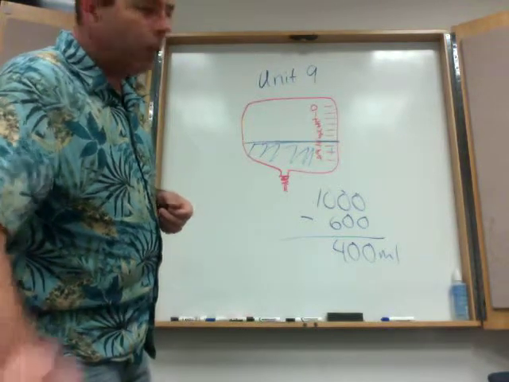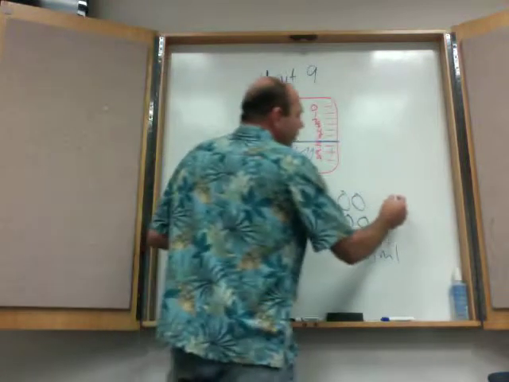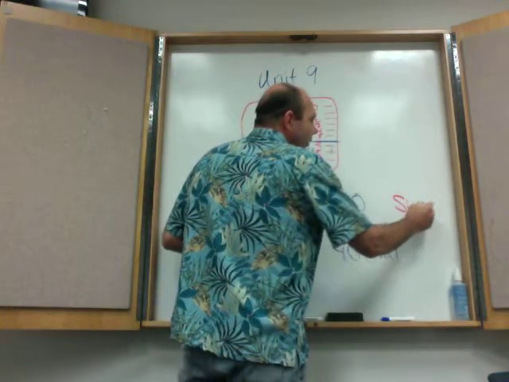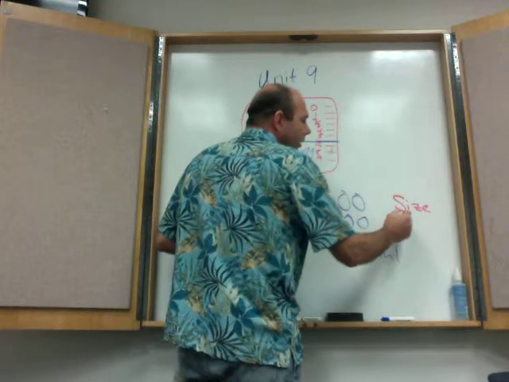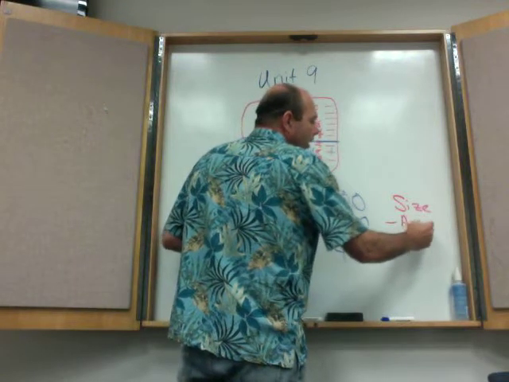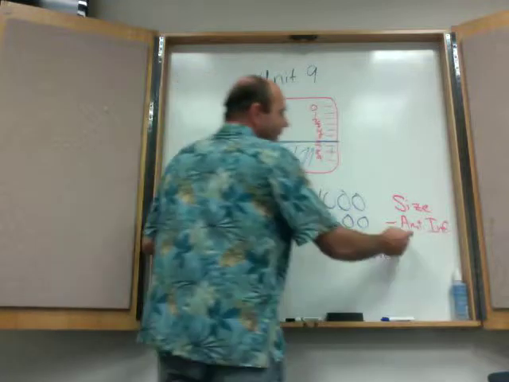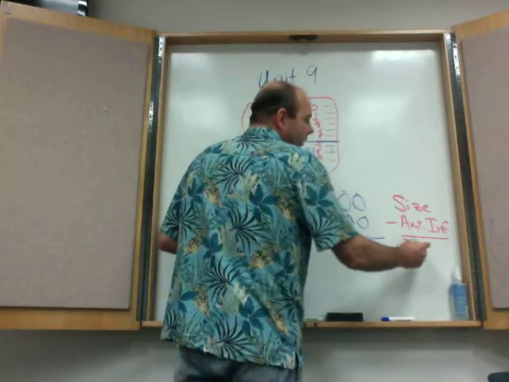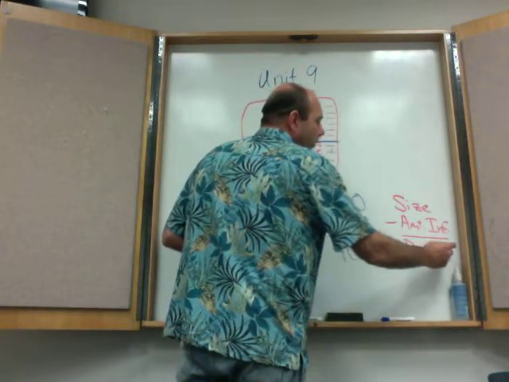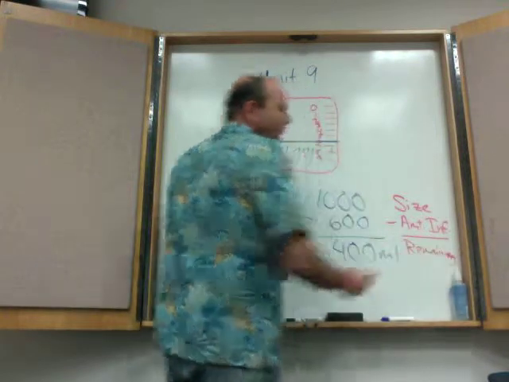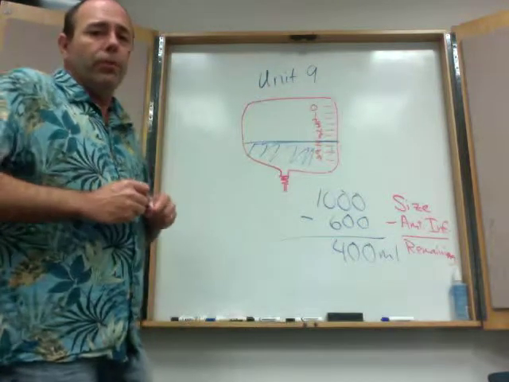You just start with whatever size it is, and then you subtract the amount that's already been infused. And that'll tell you the remaining amount that still needs to be infused.